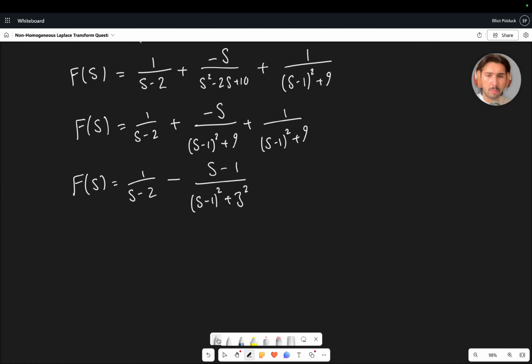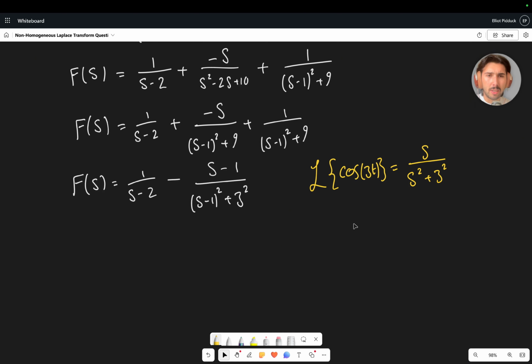I'm going to write down a couple of things. So let's just remind ourselves that the Laplace transform of cosine of 3t is, do we remember what it is? It's s over s squared plus 3 squared. That is the Laplace transform of cos of 3t. I've got a video on this, so if you don't know that, then there's a video.